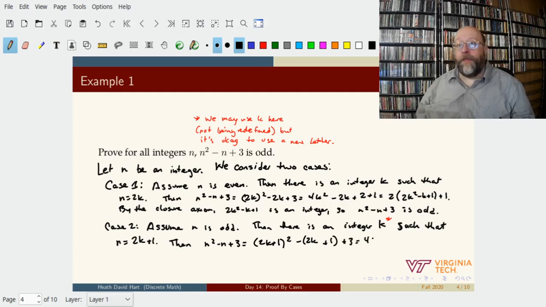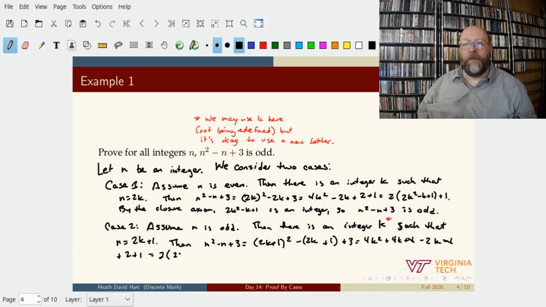And that equals 4k squared plus 4k plus 1 minus 2k minus 1 plus 2 plus 1. Again, I'm taking this 3 and splitting it into 2 plus 1. I see this 1 and the minus 1 cancel, and 4k and 2k combine. And so we get 2 times (2k squared plus k plus 1) plus 1.